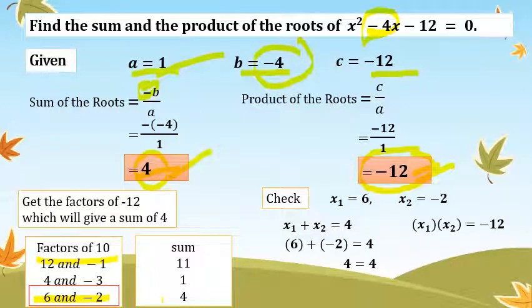Punta tayo sa product of the roots. X of 1 times x of 2 equals negative 12. So, 6 times negative 2 equals negative 12. Negative 12 equals negative 12. Therefore, ang sum of the roots of the given quadratic equation is 4 and the product is negative 12.